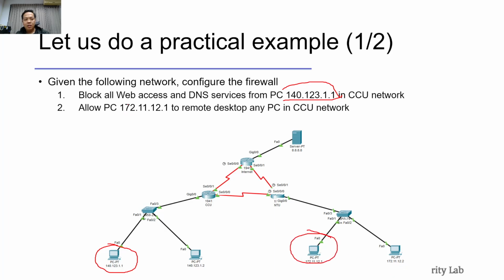External from the outside can remote desktop to any PC in the CCU. So these are the requirements. Remember, in our lab we already did this part, so please refer to the solution there.